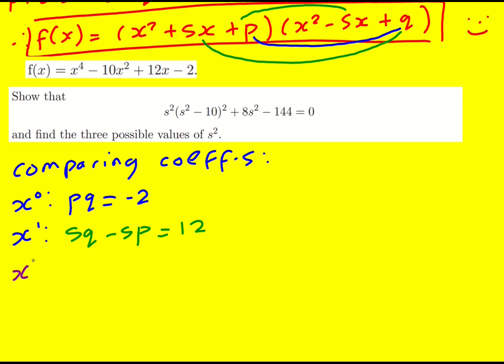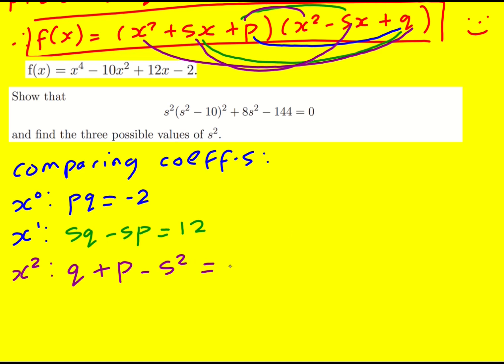We've already dealt with x cubed, but not x squared yet. For x squared, I could do x squared times q, that would give me q. I could do p times x squared, that would give me p. And there's another one, sx times minus sx, which gives me minus s squared. So those three together must equal minus 10.